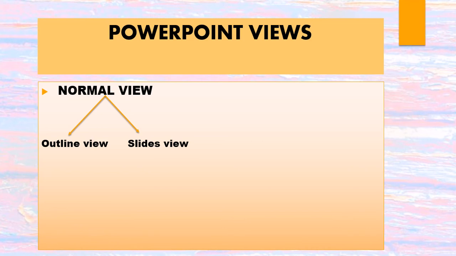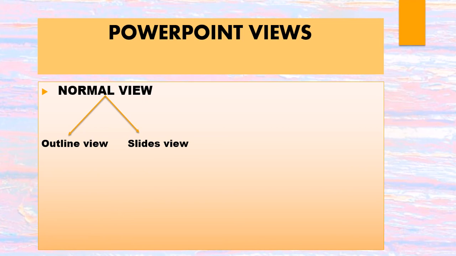In this view we are working most of our time on PowerPoint. Whenever we are creating any PowerPoint presentation, most of the time we are working with this view. In this, we can add text, pictures and even create our own notes.